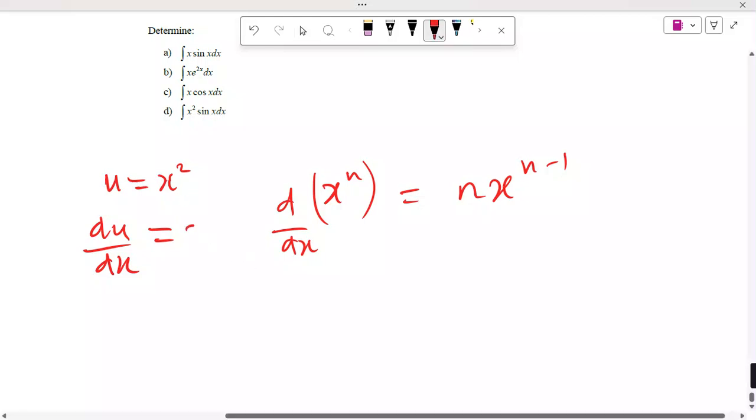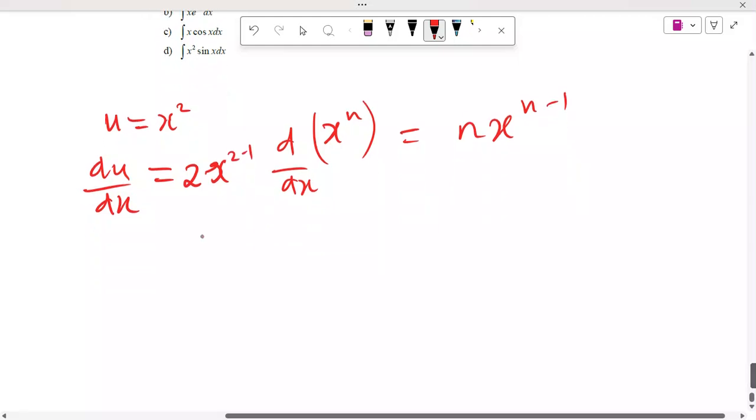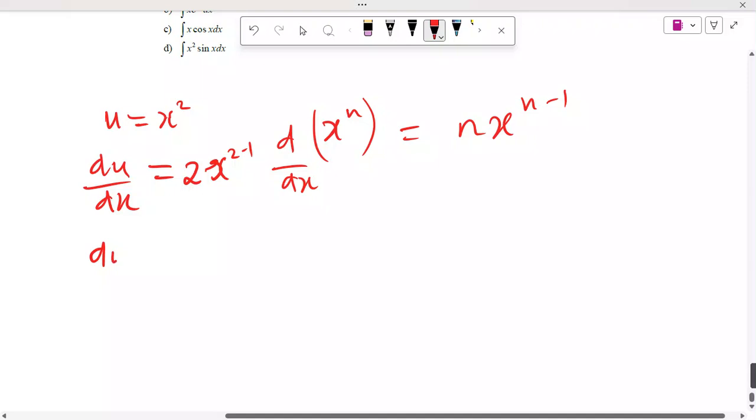So you bring down the 2, x to the power 2 minus 1. So du over dx is equal to 2x, since 2 minus 1 is just 1, so we don't write it. We want to get du and dx separate, so we cross multiply: du multiplied by 1 is du, and dx multiplied by 2x is 2x dx.